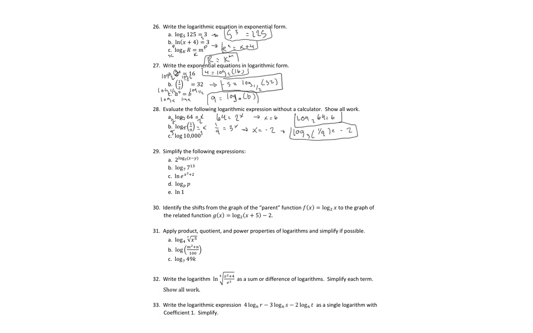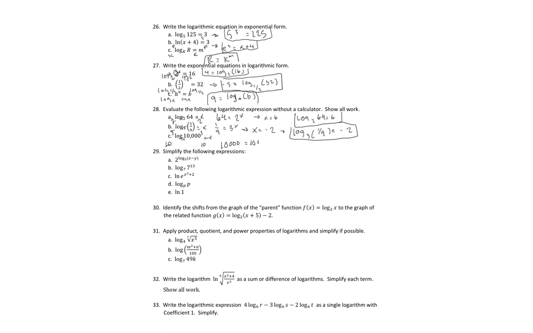And then for this last one, if we come down here, well, it's just the log. That means it's going to be a log base 10, right? So then I'm going to take 10 to both sides. That's going to cancel out the 10 and the log base 10. So then we're going to have 10,000 is equal to 10 to the x.